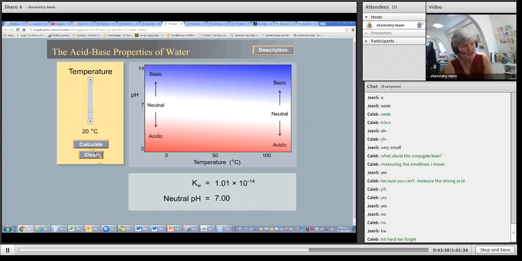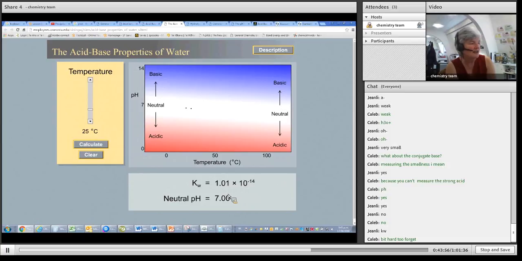And we get a neutral pH. Now we always tend to think of a neutral pH as always a pH of 7. But that is only at standard temperature. Because remember, an equilibrium constant can change when the temperature changes.